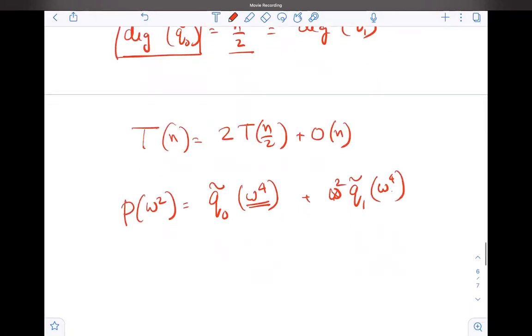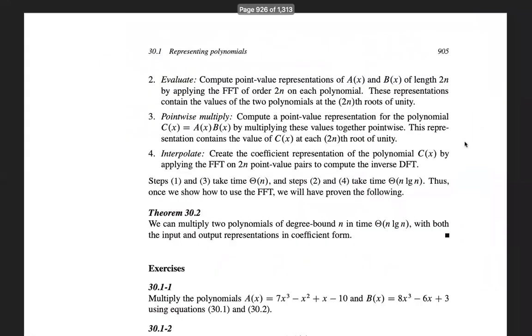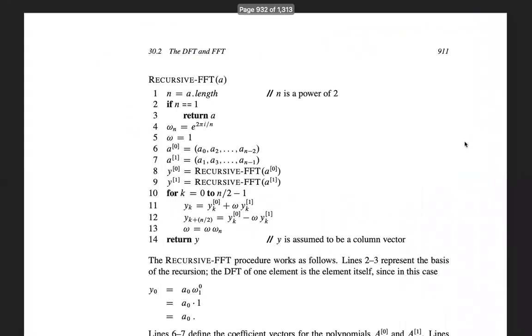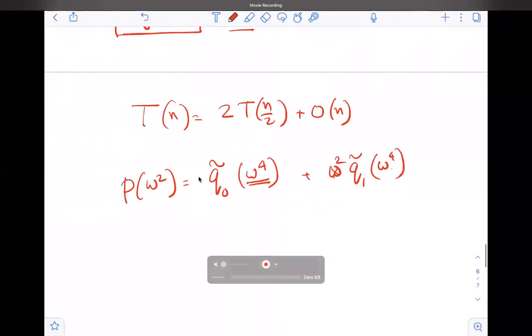So what is this fast Fourier transform returning? It is not returning one value. It is returning a whole array or list.